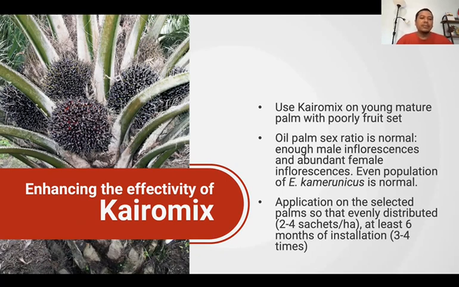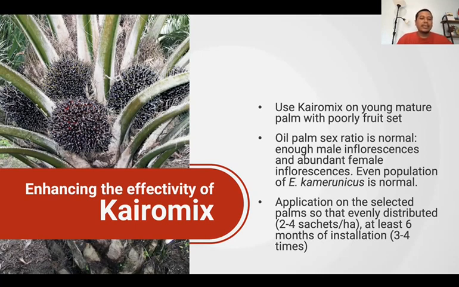It means that the block has enough male inflorescences and abundant female inflorescences. Even the population of Elaeidobius kamerunicus is normal, which is more than 20,000 weevils per hectare. Thus, the weevil population will be homogenized in that block, and then do their role as oil palm pollinator and increase the oil palm fruit set.